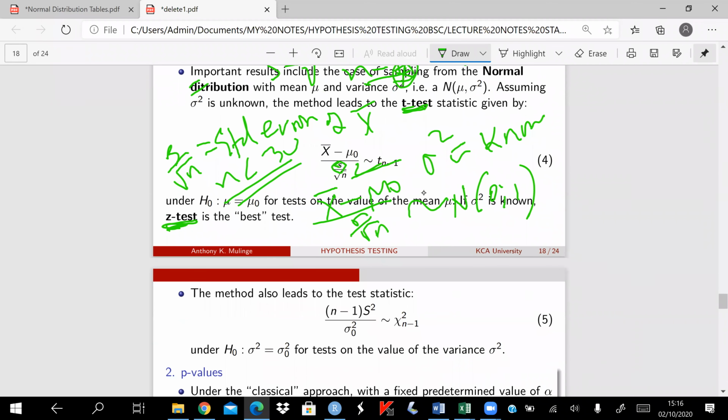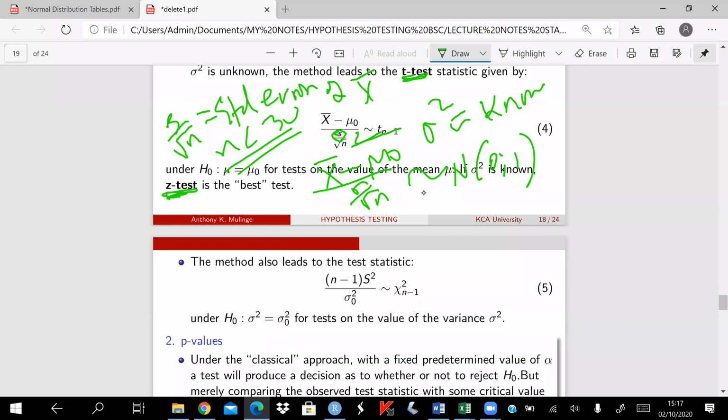Now, another important result that you get when normality is assumed is this kind of test, which is a chi-square distribution with 1 degree of freedom. I guess some of you know that when you square the z variable, you always end up with a chi-square with 1 degree of freedom.